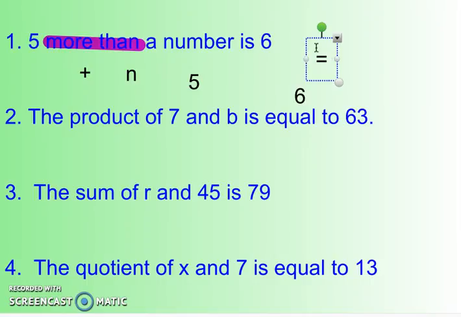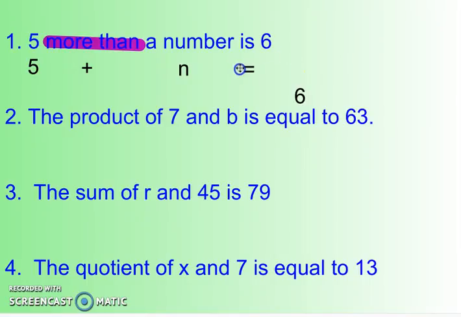And really it comes down to following the phrase that's given to us. And so what we're going to do is we're going to take this order and we're going to start off with, well, there's 5. 5 goes first. Then more than means addition. A number is our missing number, our missing variable, which we chose n.